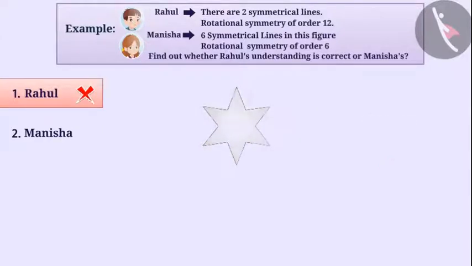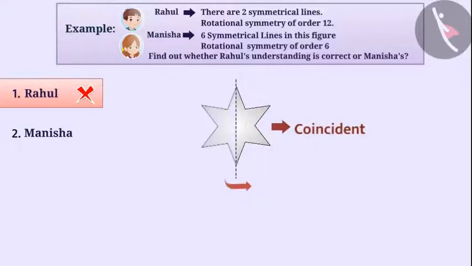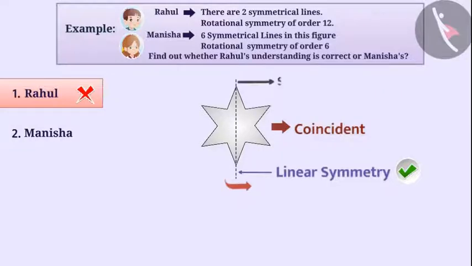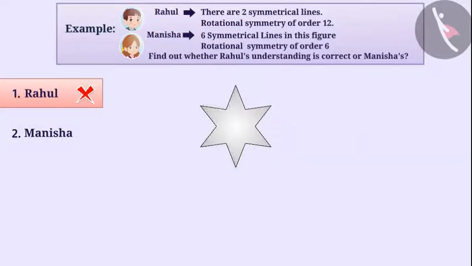You may remember that if two parts of the shape become coincident when the shape is folded along a line, then there is linear symmetry, and that line is called a symmetrical line. You can draw a symmetrical line in this shape.